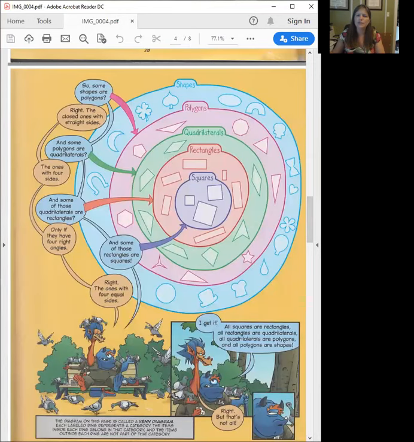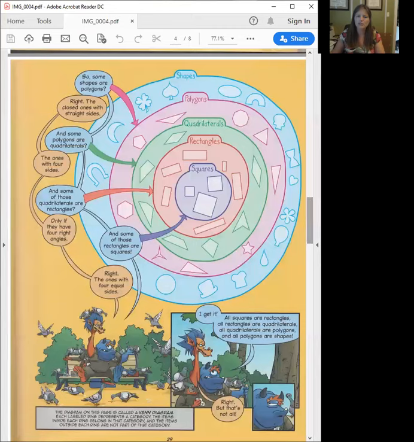So some shapes are polygons, right? The closed ones with straight sides. And some polygons are quadrilaterals, the ones with four sides. And some of those quadrilaterals are rectangles, only if they have four right angles.